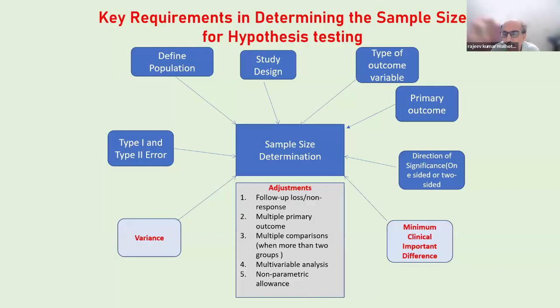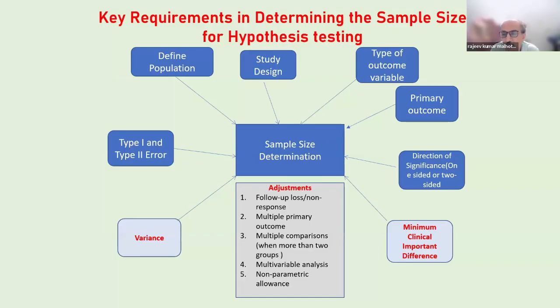my new treatment will reduce the mortality. If I am sure that my new treatment will reduce the mortality, or provide some other benefit, or reduce pain, in that case you can go for one-sided, but you should be sure that it will not increase. And if you have any doubt regarding this, then you go for two-sided.